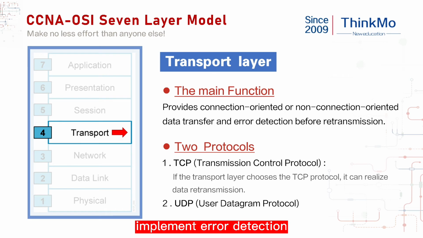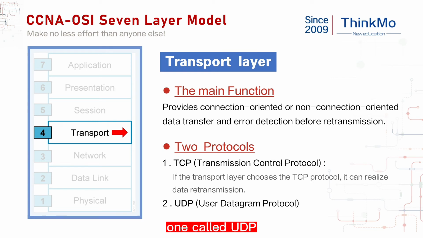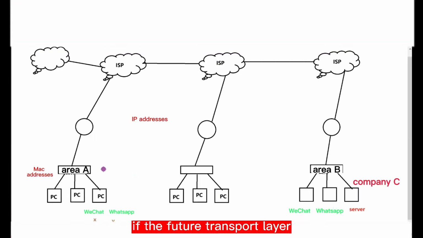If it fails the test, I lose the packet. So how do I correct it? We have two protocols at the transport layer, as a classmate said a while ago: one called TCP, one called UDP. If the transport layer chooses the TCP protocol, then it can be retransmitted.